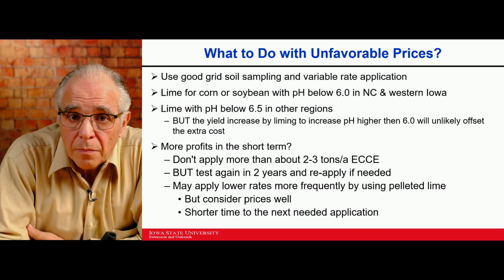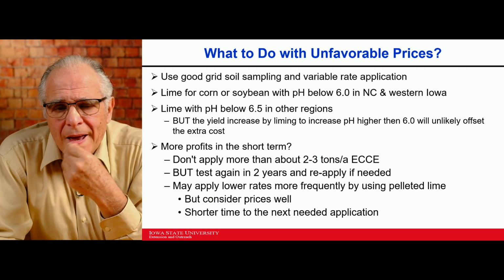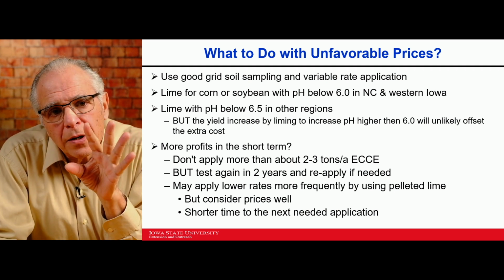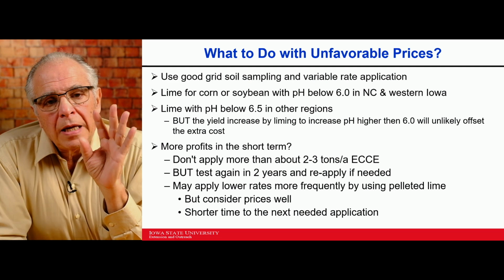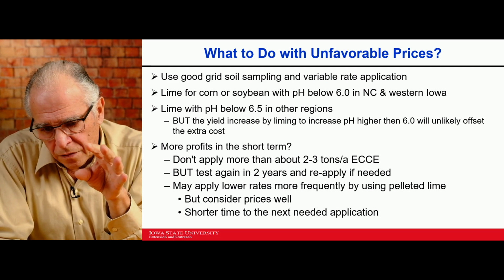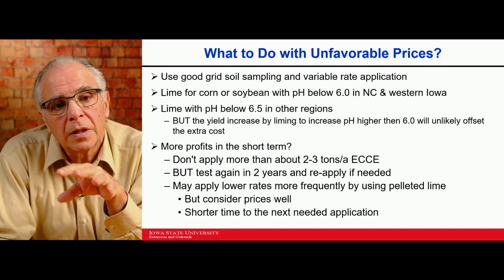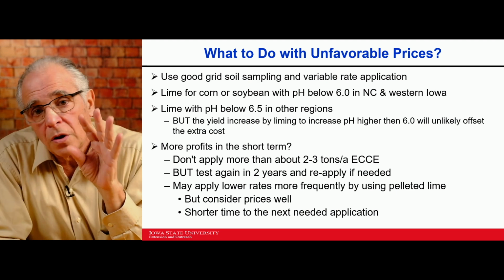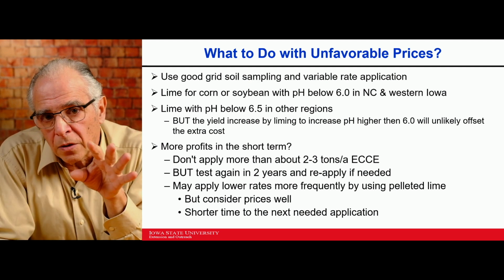Now, when prices are bad, and not everybody may agree with this, I think that with bad prices, if a buffer pH calls for 5, 6, 7, 8 tons of ECCE, that could happen in some soil with high organic matter or fine texture and very acid, I think it doesn't make sense to apply all that amount.